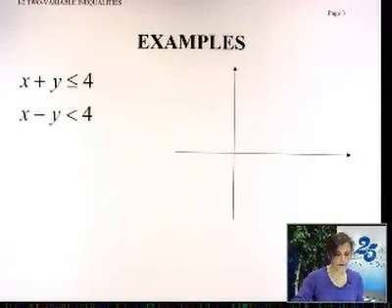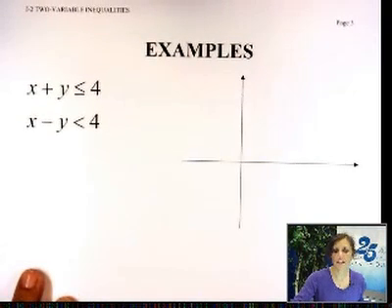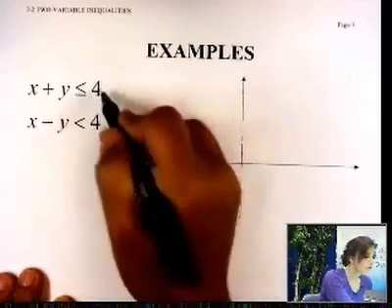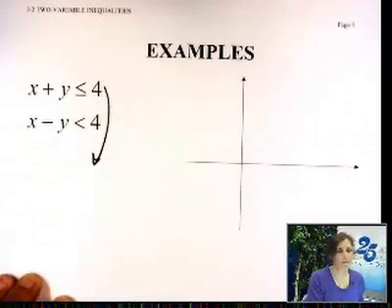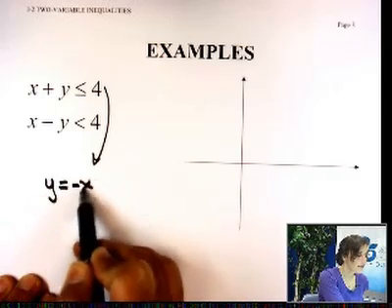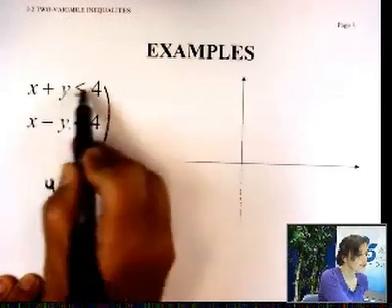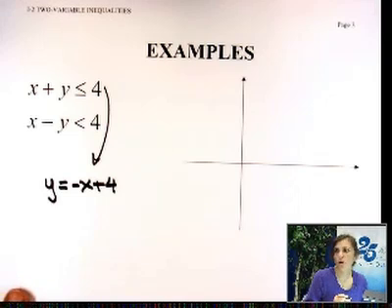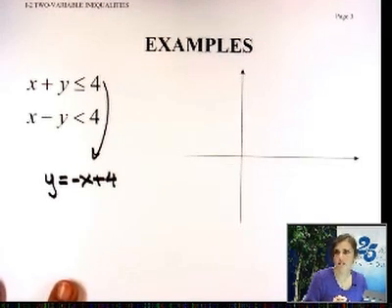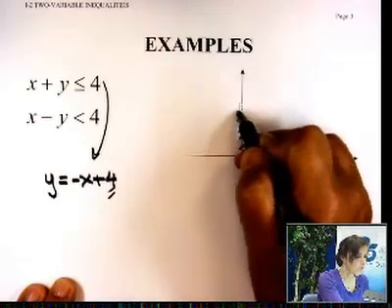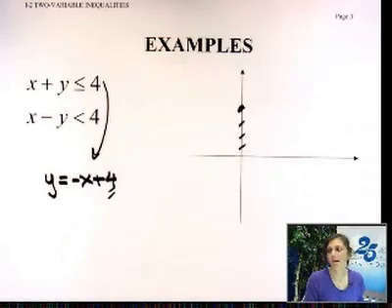So let's do this example. X plus y is less than or equal to 4. Now, to be able to do this problem, I need to put it in slope-intercept form. Y equals negative x plus 4. So I ignore this equal sign. I'll just go over how you draw those lines. You start with the y-intercept, which is 1, 2, 3, 4. You put a dot there.